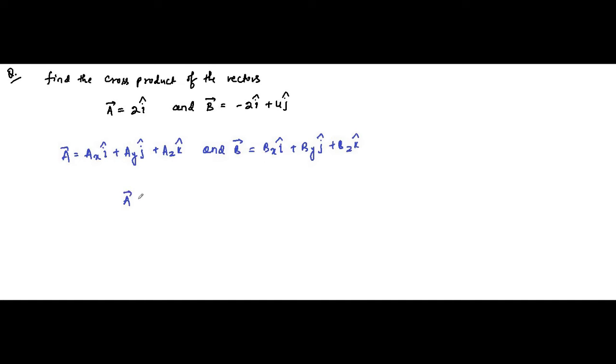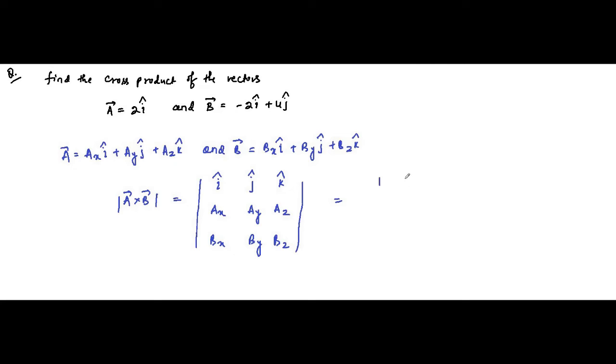Then their cross product is given, or it can be evaluated as this: ax, ay, az, bx, by, bz, the resultant determinant, this.